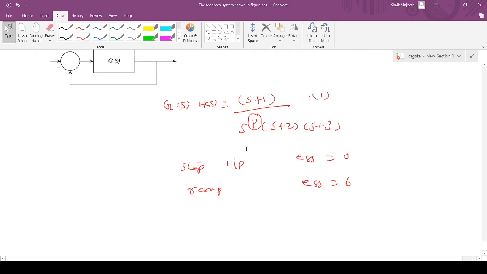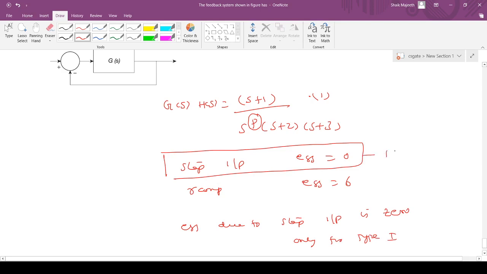Yes or no? So ess due to step input is 0 only for a type 1 system. Right? So this condition is satisfied only if the system is type 1. That we know. Right? So if you put type 1, p is equal to 1, what will happen?